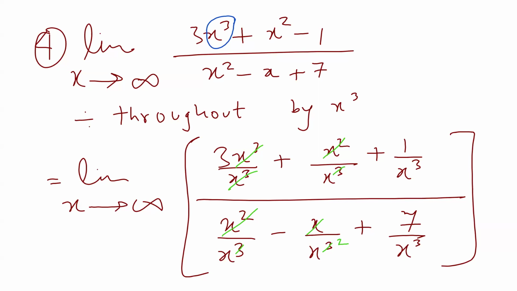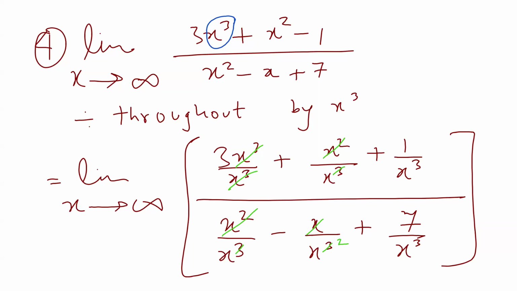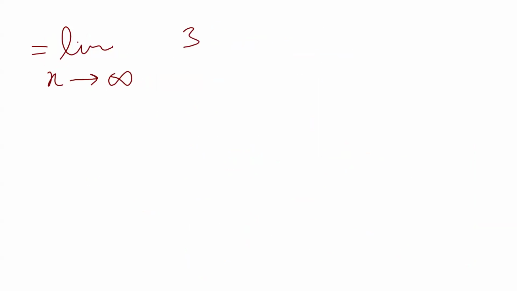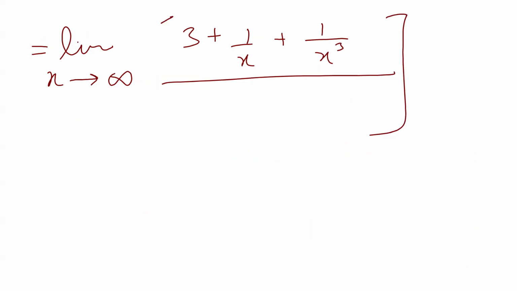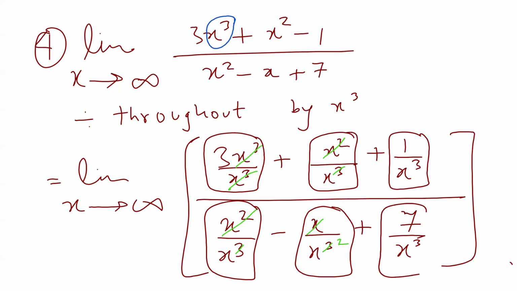Next step. Limit x approaches infinity, 3 plus 1 upon x, plus 1 upon x cubed, upon 1 upon x minus 1 upon x square plus 7 upon x cube.